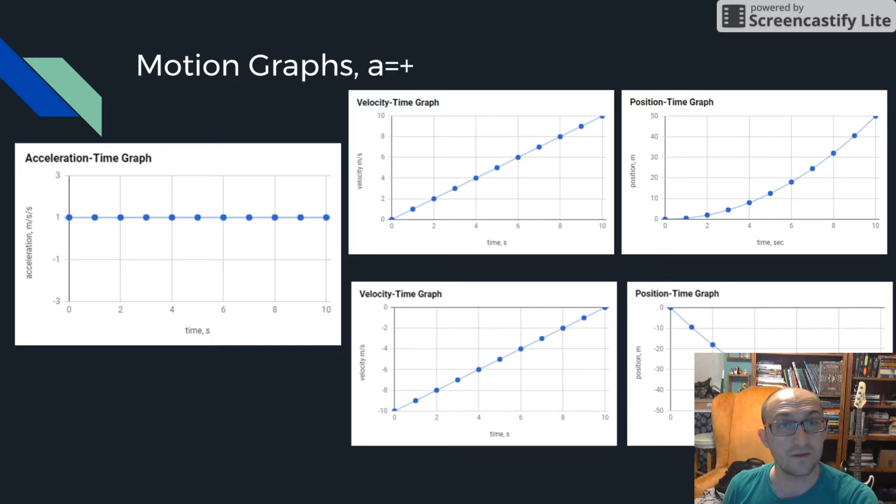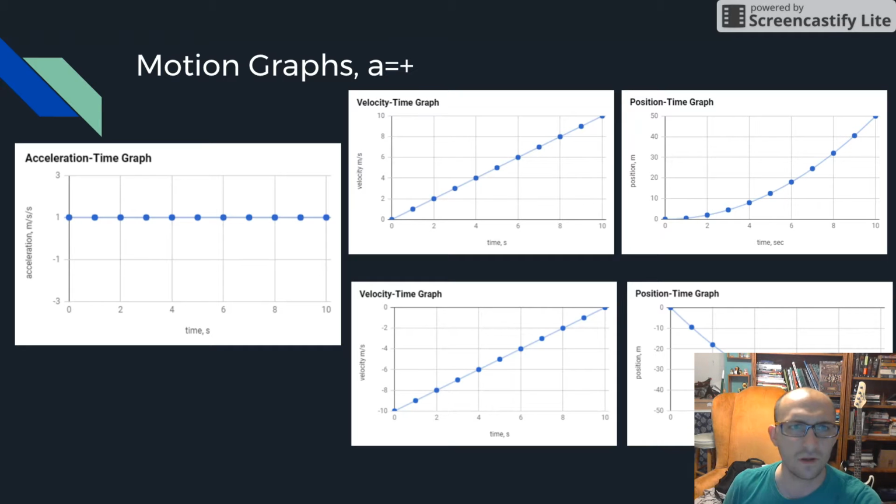All right, now the effect of these graphs on the position, which we looked at earlier, if you recall. My position is going to go up just a little bit at first, and then further, and further, and further, because with each second, I travel further in 1 second.